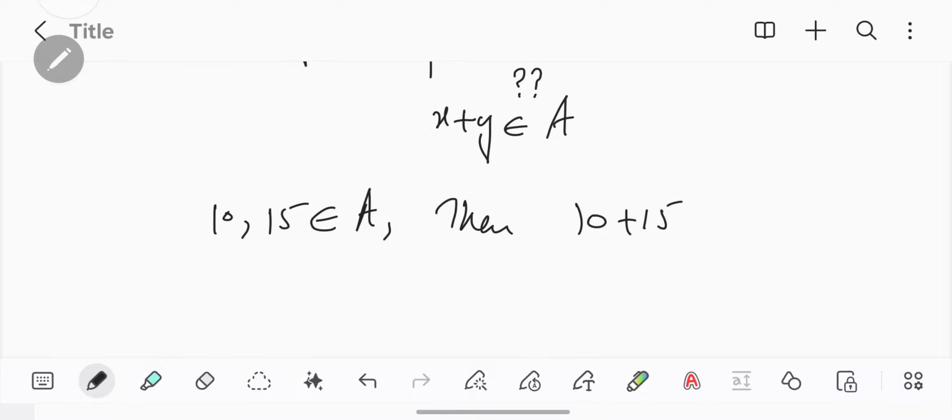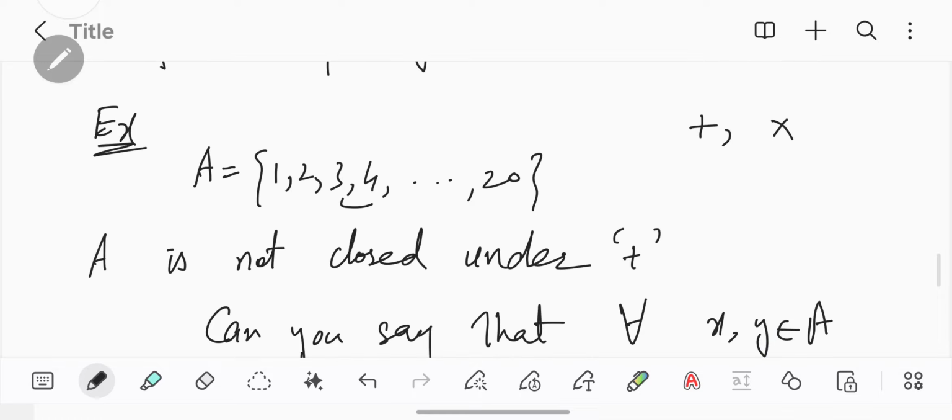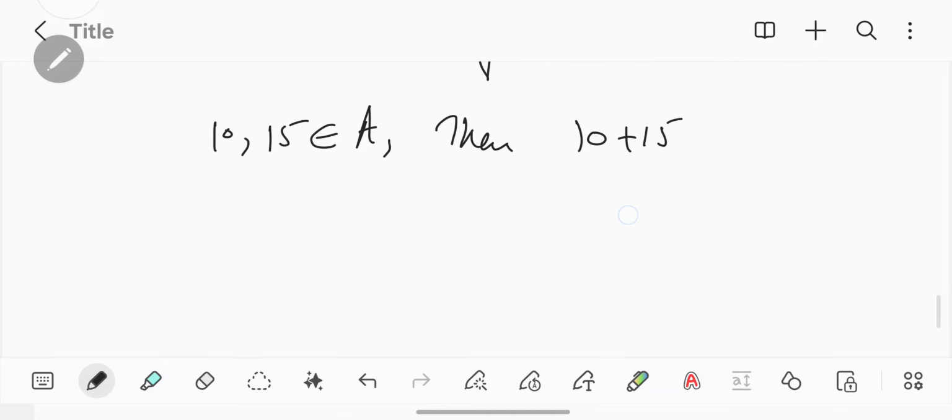If you take 10 and 15 from A, then what is 10 plus 15, which is 25, right? Now let's look. Is 25 here? No, of course not, because this set only contains the first 20 elements, from 1 to 20.